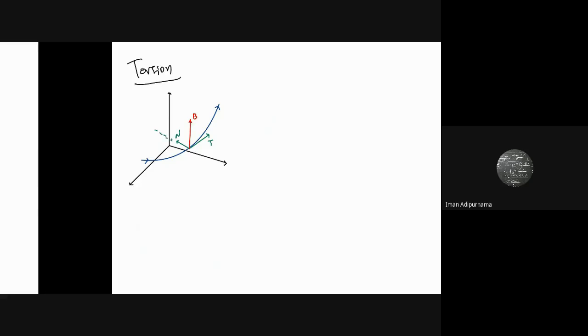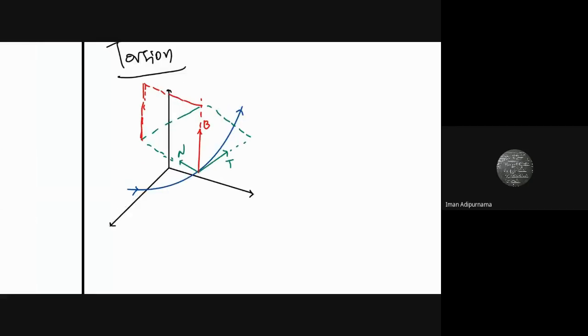So this is the osculating plane, and you have the normal.